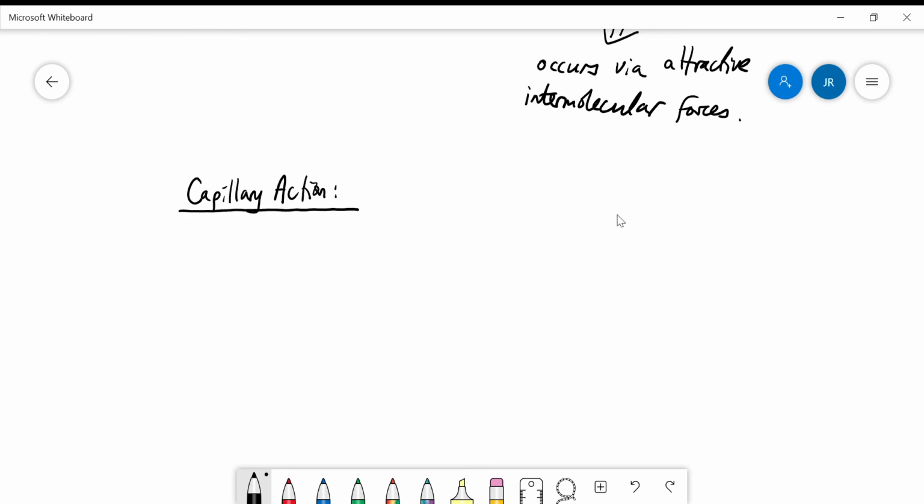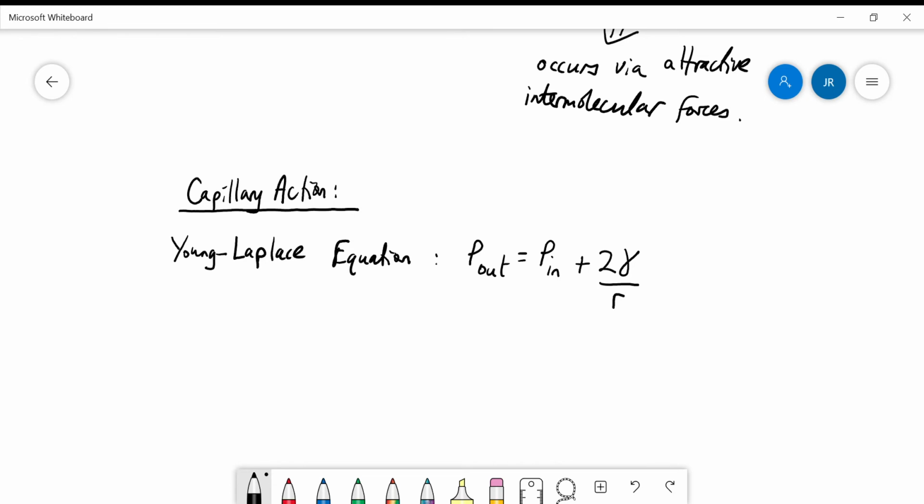Okay, capillary action. And for capillary action, we're going to use the Young-Laplace equation, which essentially is pressure on the outside of a spherical droplet, if you like, is equal to the pressure on the inside plus twice the surface tension over the radius of the droplet.